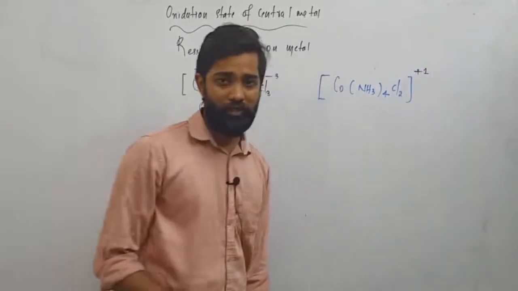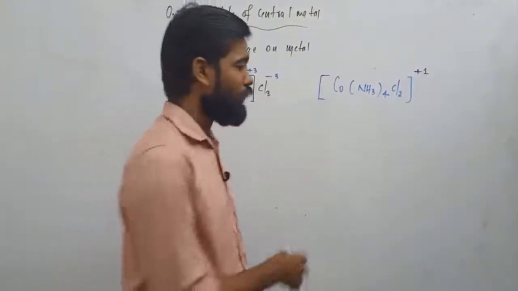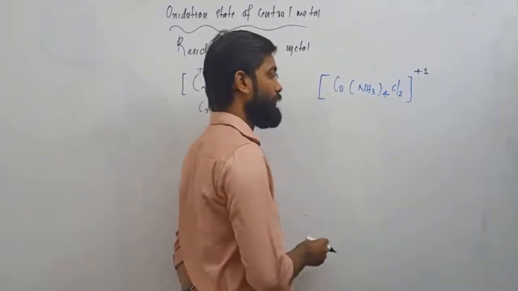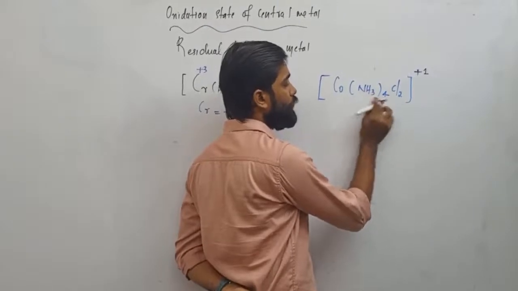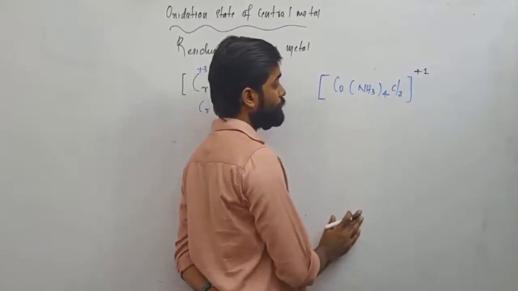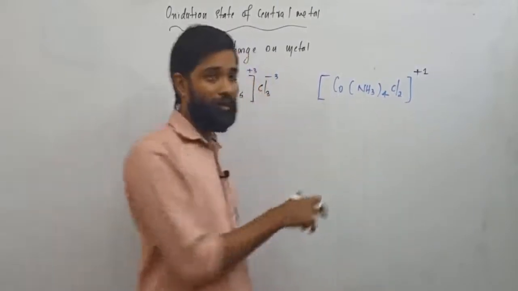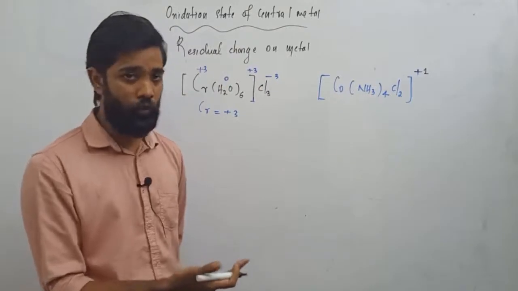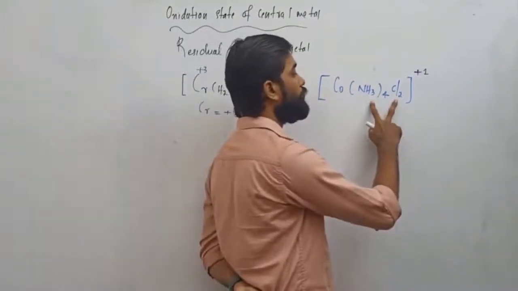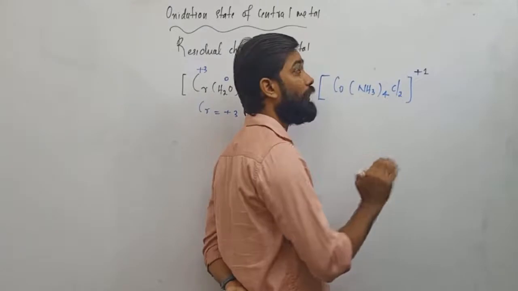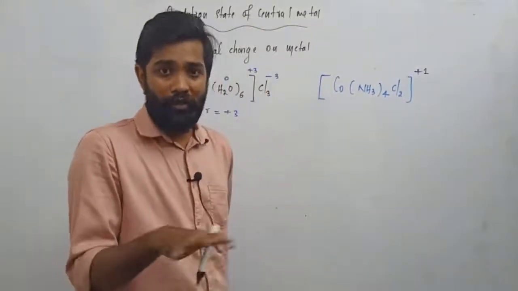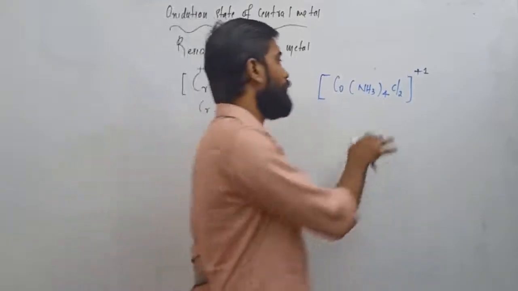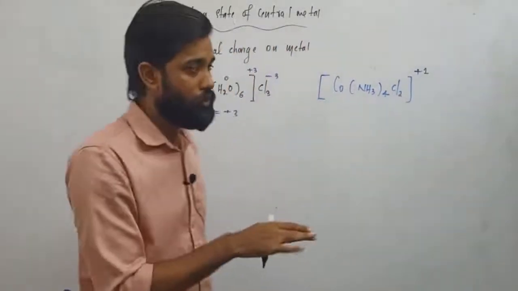In this entity, there are 2 different types of ligands. If you want to find the residual charge of the central atom, you have to treat the ligands in a proper way. Ligands are always there, so you have to treat the ligands in a proper way, then only you obtain the residual charge on the metal.